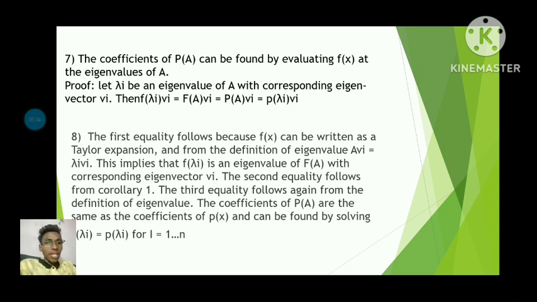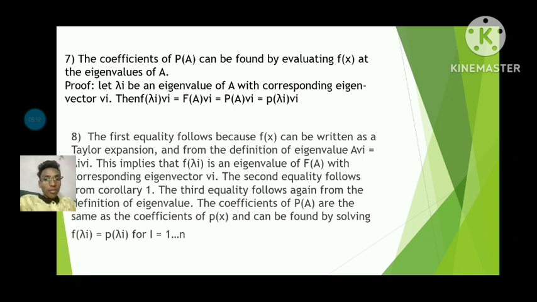The third equality follows again from the definition of eigenvalue. The coefficients of p(A) are the same as the coefficients of p(x) and can be found by solving f(lambda_i) equals p(lambda_i) for i equals 1 to n.